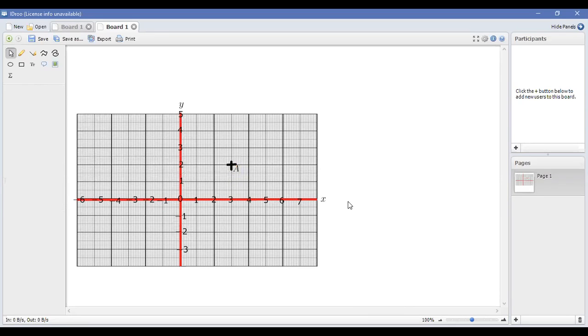So both of you should be able to tell what the point is. So can somebody read that point for me and name the point? Call the point for me. Can somebody tell me what that point is, please?